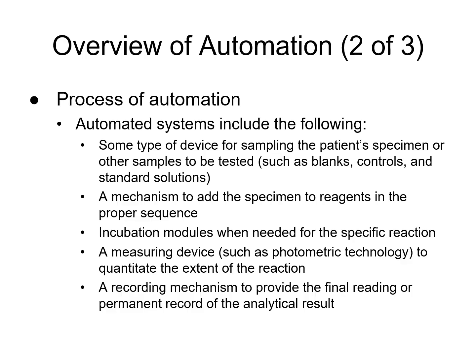So automated systems typically are going to include a device for sampling patient specimens and controls. There's going to be a mechanism to mix specimens with reagents in the correct order. Incubation modules for specific reactions. It can also have a measuring device such as a photometric technology that helps to quantify reactions, and recording systems to capture and store those final results.